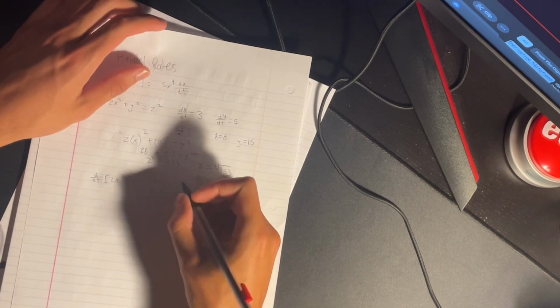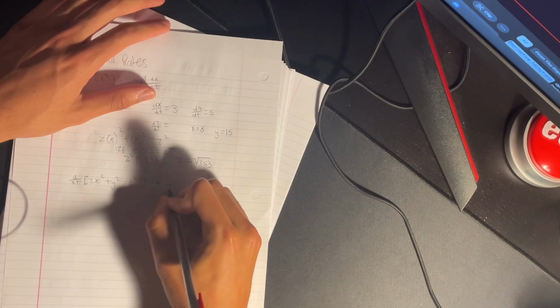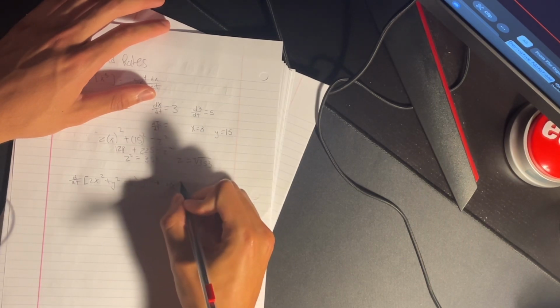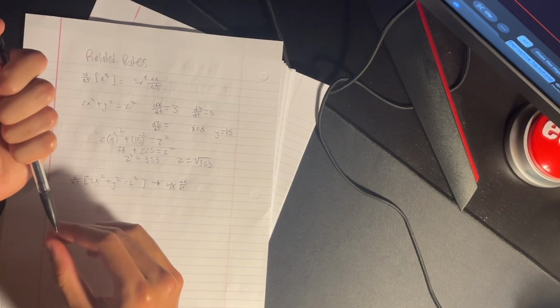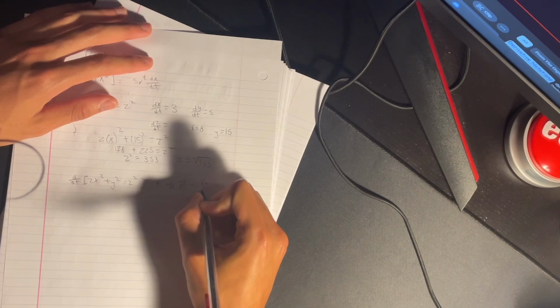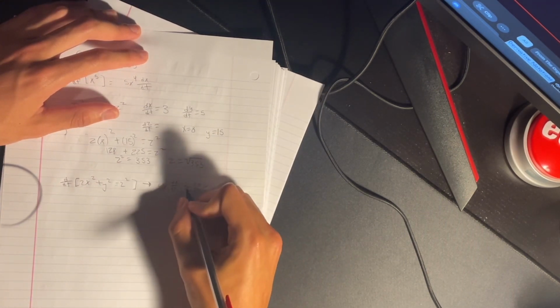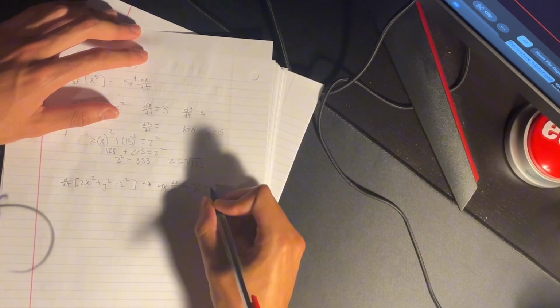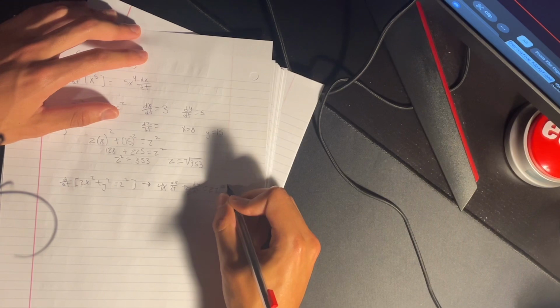So it's going to be 4x dx dt using our implicit differentiation rules plus 2y dy dt equals 2z dz dt.